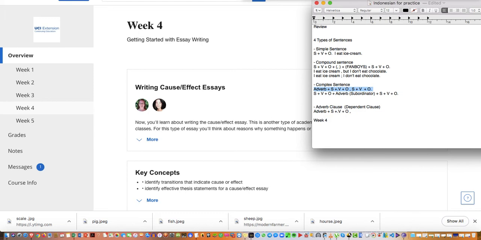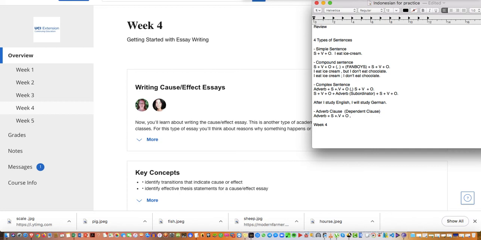Number 1 is adverb plus subject plus verb plus object, then a comma, then subject plus verb plus object. For example: After I study English, I will study German.